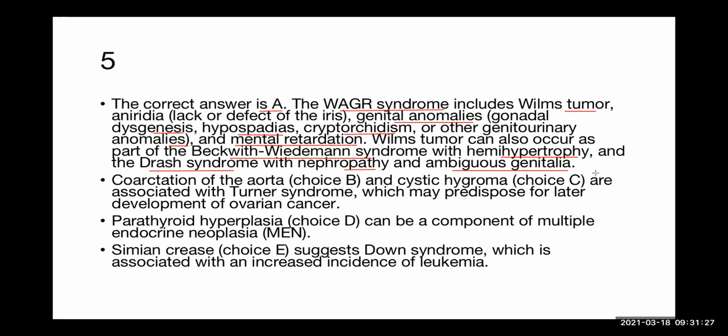Now, what is ambiguous genitalia? What is that? We cannot differentiate the gender by just looking at the genitalia. Yes, you're right. This is a case of hermaphroditism. There are different types of hermaphroditism.